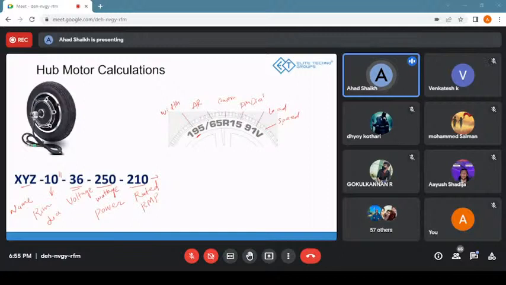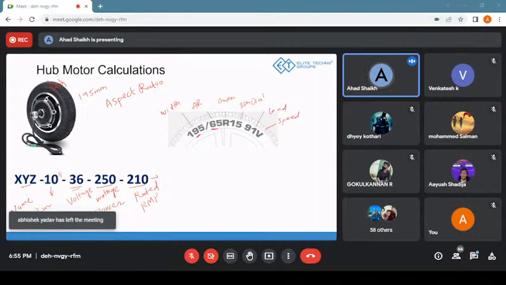So 195 is the width of the tire, in this example 195 mm. 65 is the aspect ratio. What exactly does aspect ratio mean?